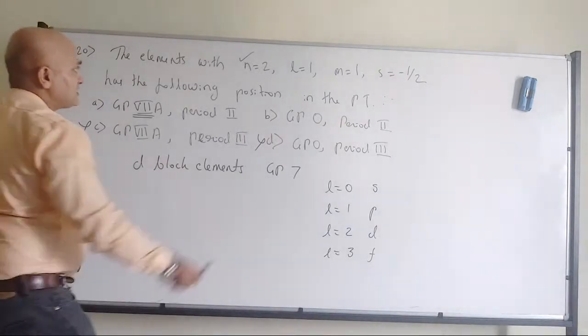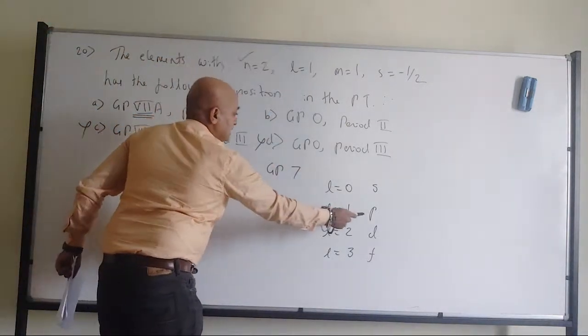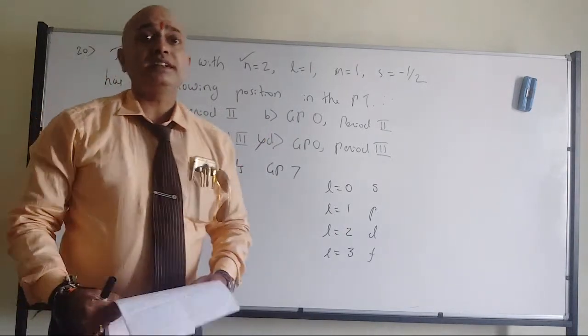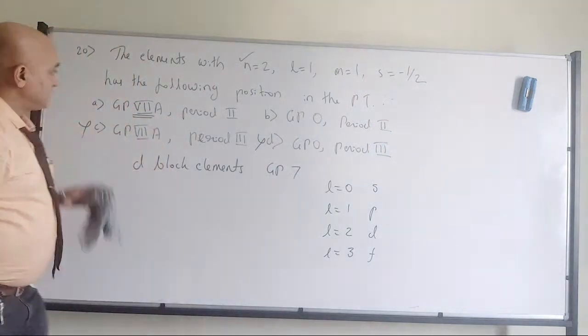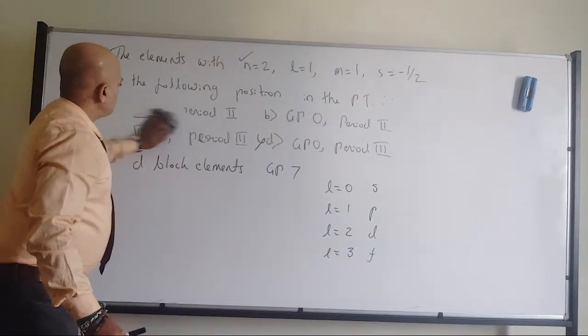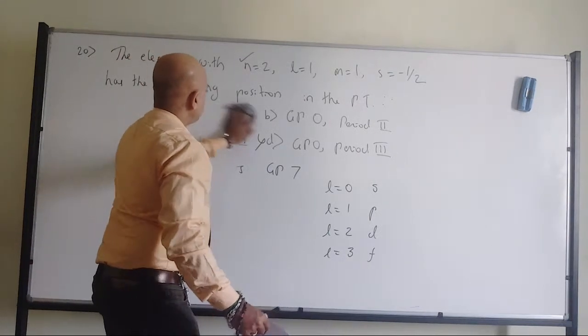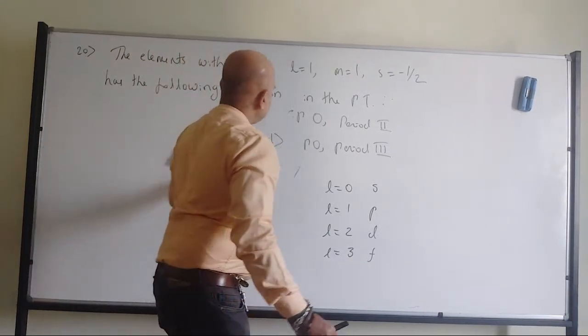Since l value is equal to 1, they are talking about the p subshell. So we will make it option B, that is group 0. Group 0 means inert gas. The zeroth group is nothing but inert gas. So in period number 2, the inert gas is nothing but neon.